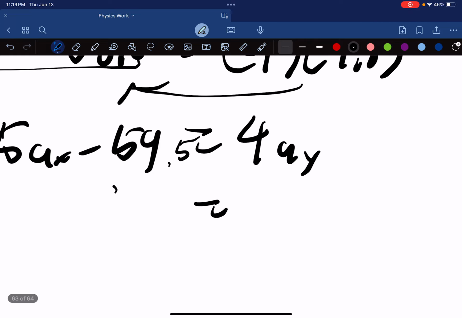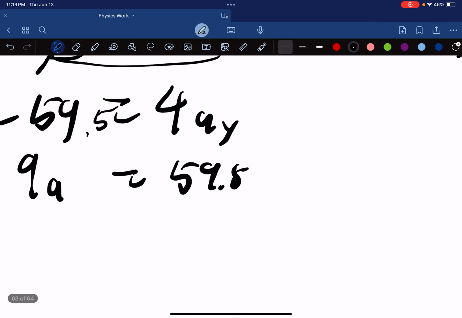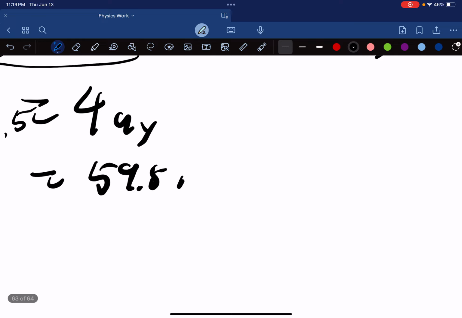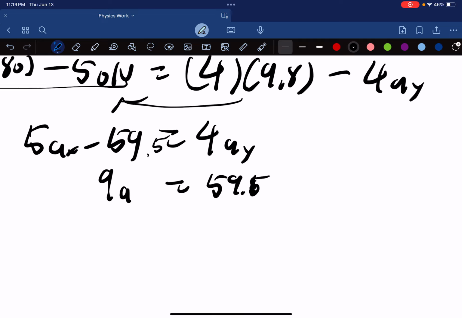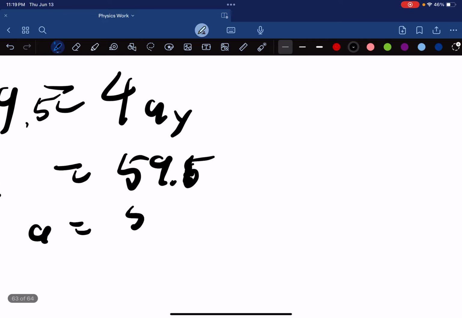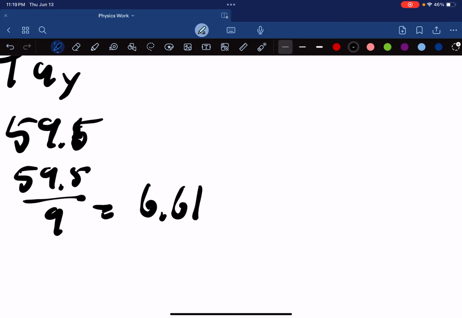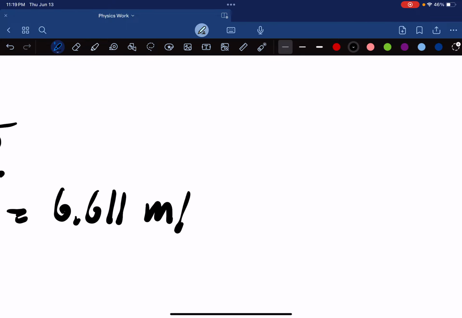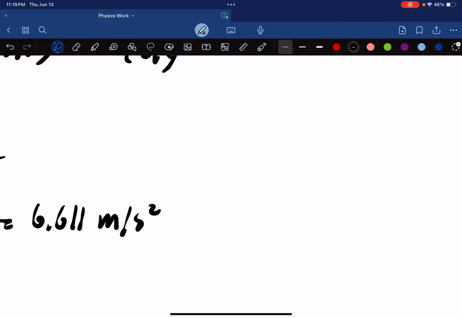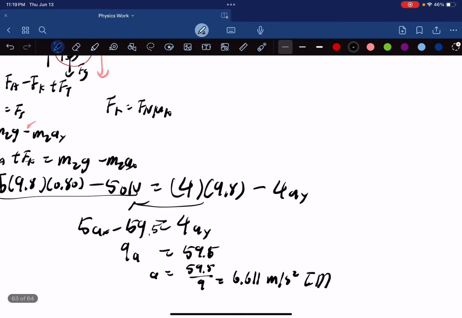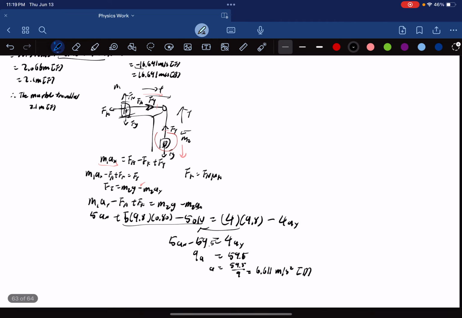So we can move that around and we get 9a equals 59.5, in newtons. And then we isolate that. A equals 59.5 divided by 9, which is approximately 6.611 meters per second squared. In this situation, for this part, it's heading down. If it's up top, then it'll be heading towards the right side.